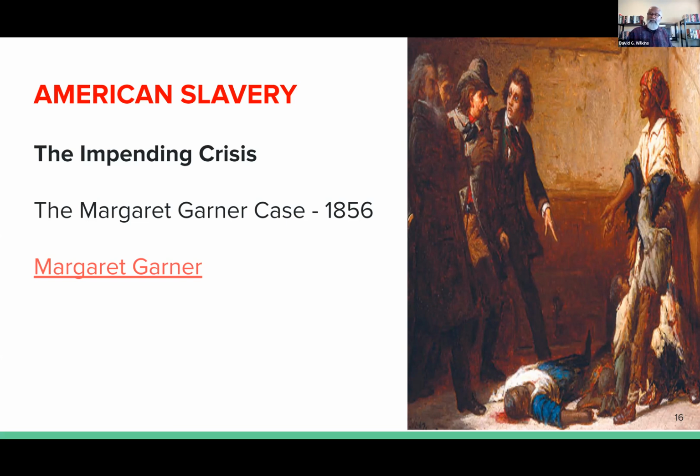She has a child in arms, and on the riverboat ride back home, she'll allow the youngest child to slip from her arms into the river to her death, making a clear statement that while she was born and raised in slavery, she was not going to have her children suffer the same fate.